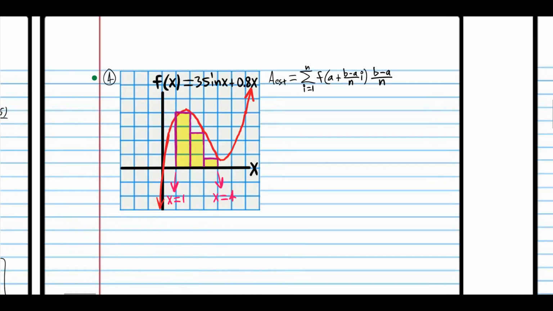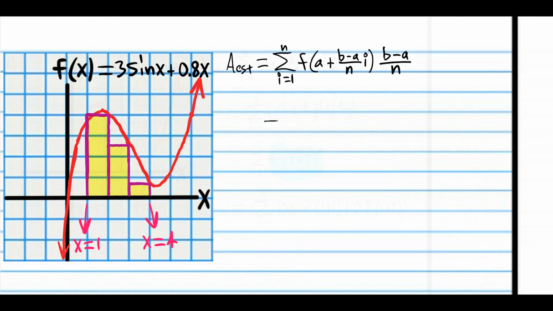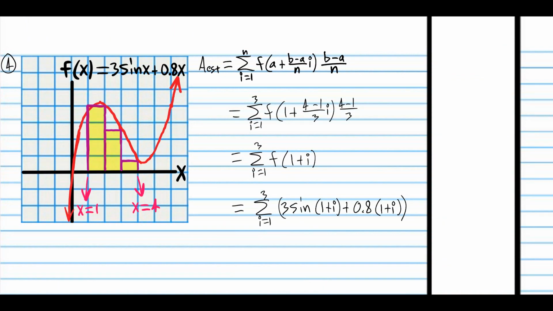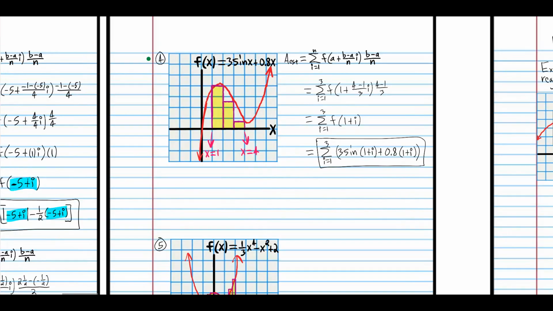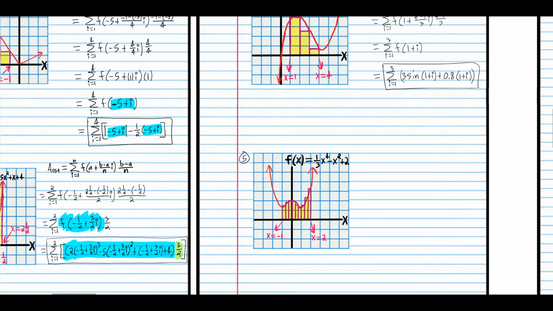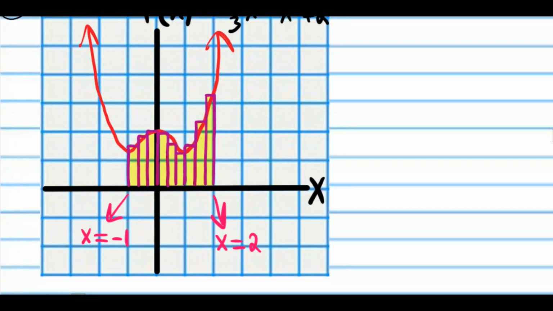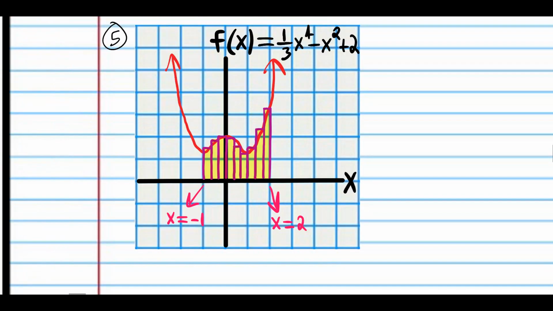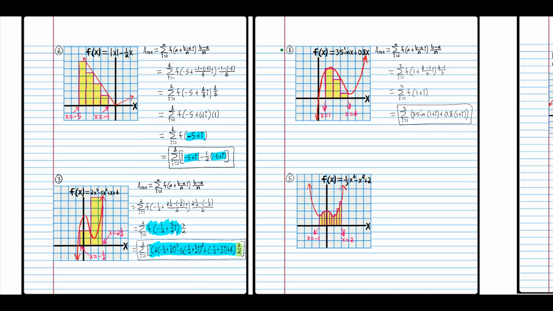Okay, we're back. So if you got that one right, very good. Okay, so I want you to try number 5. Now notice that again we have the upper right corners of the rectangles touching the graph. So that means we're going to use the formula that employs right endpoints.